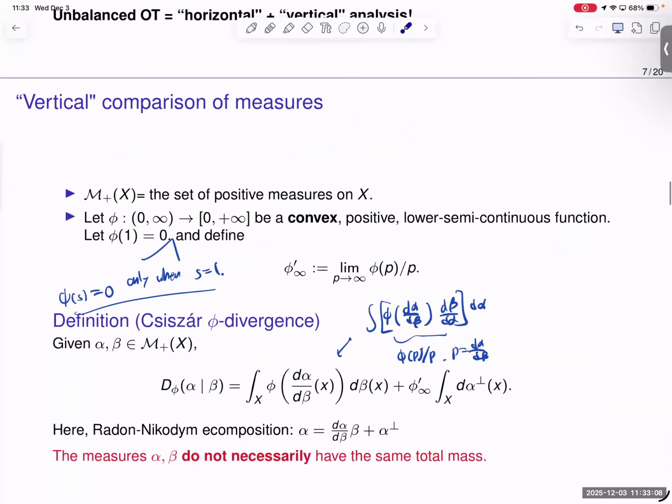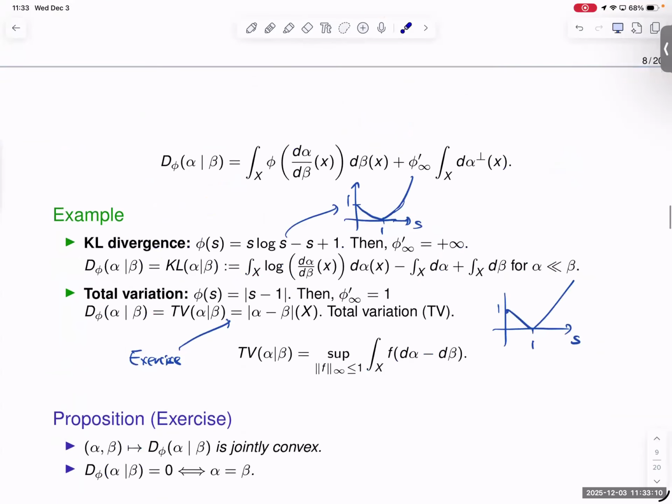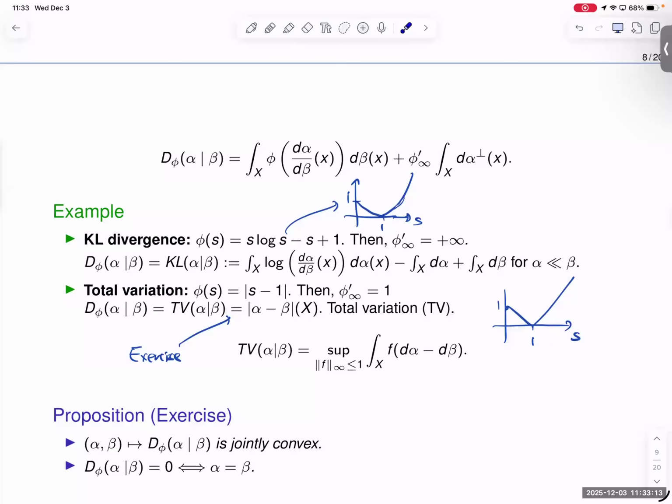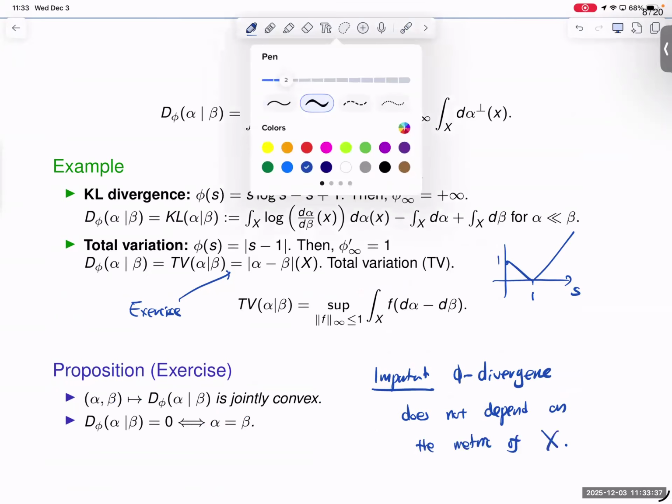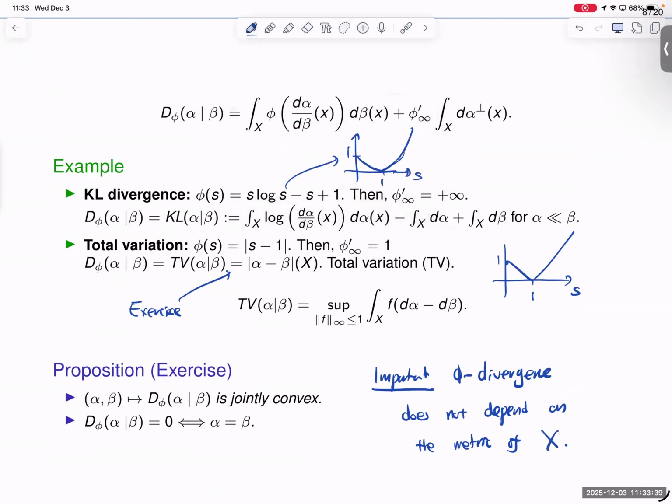I should remind something important. This phi divergence does not depend on the metric of x, because this is basically a pointwise comparison at each x.